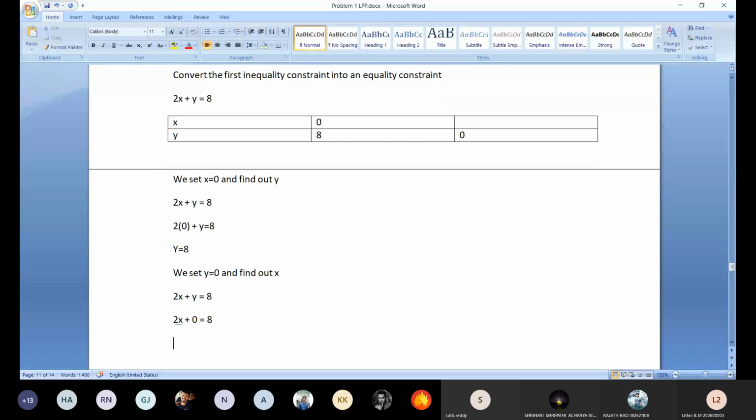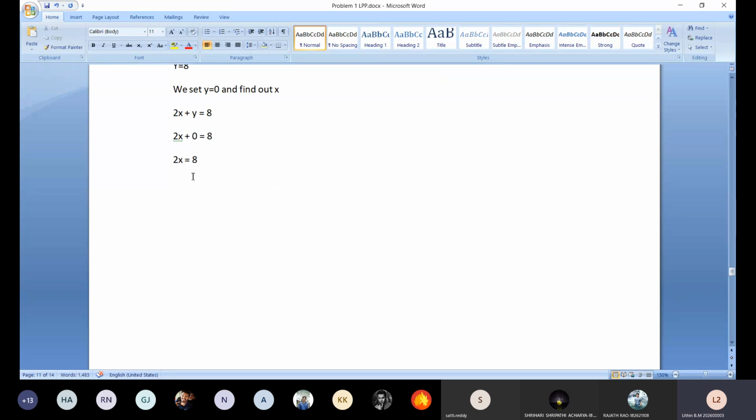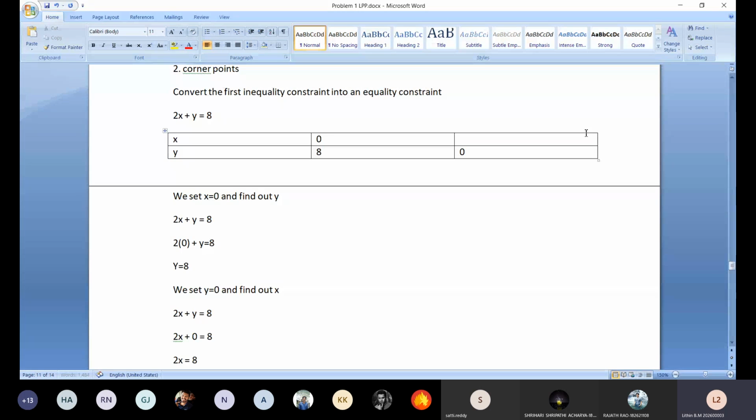So 2x equals to 8, and then x equals to 4. So when I set y as 0, the value of x is 4. This is for the first constraint.